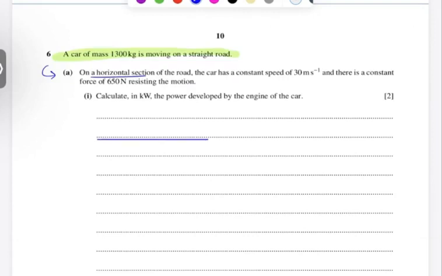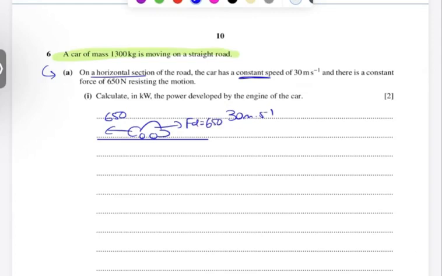Okay, so on a horizontal section of road, the speed of the car is constant, so 30 meters per second. And there's a constant resisting force of 650. Okay, if it's going at constant speed, and there's a resistance of 650, and it's just on a flat road, I know that my driving force is 650 as well.